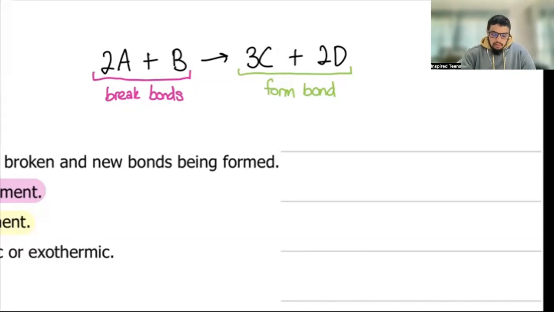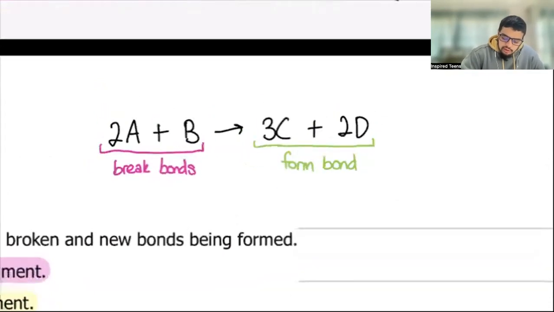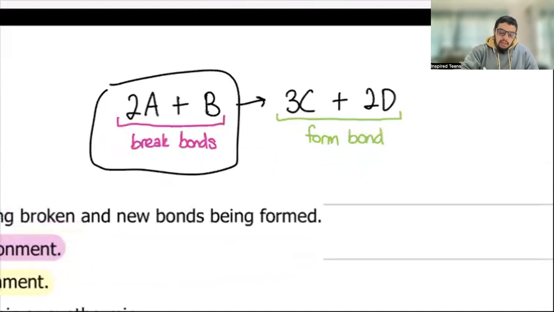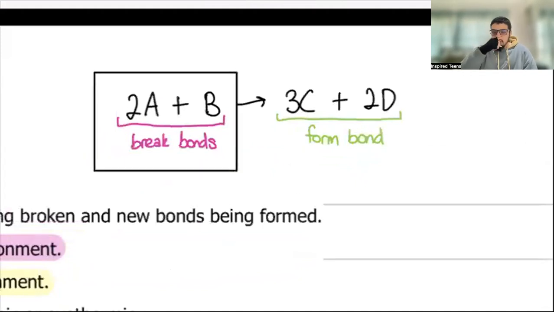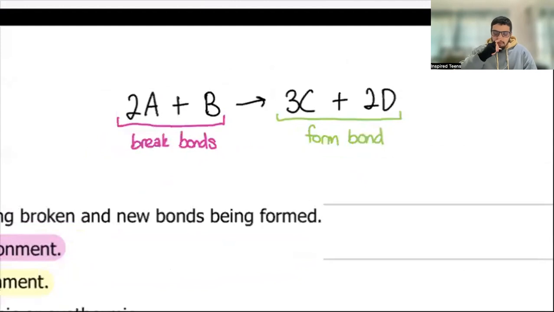We were discussing, I'm not sure exactly what you guys missed, but essentially, in a reaction, a certain amount of energy is going to be absorbed because bonds need to be broken, and a certain amount of energy is going to be released because bonds need to form.